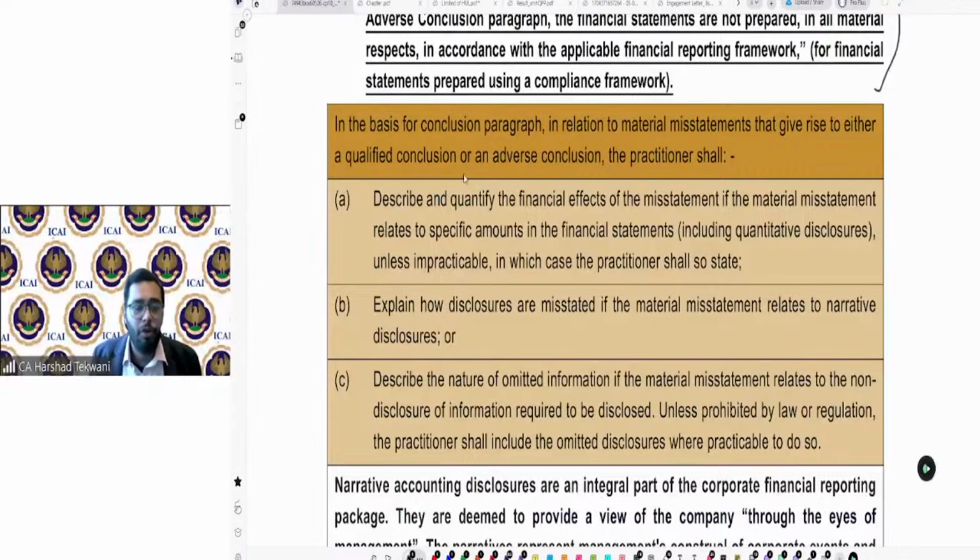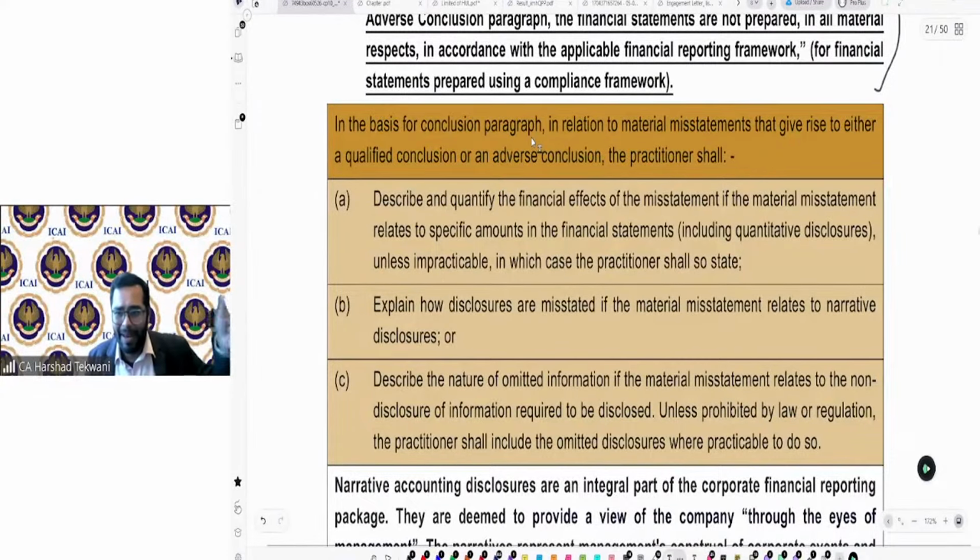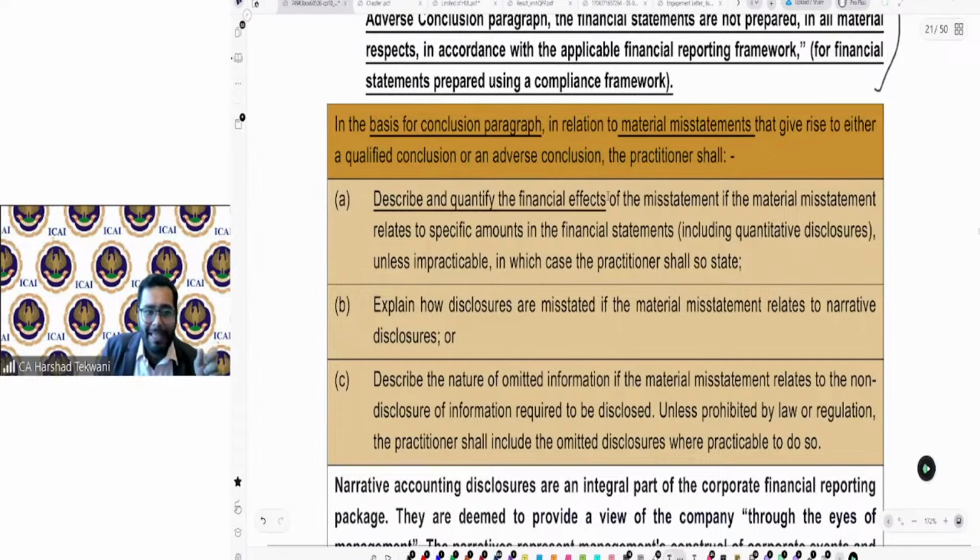And in the basis for conclusion paragraph, we need to provide these details. When they were saying paragraph 3, paragraph 4, we need to provide these details with respect to the material misstatement. That is, describe and quantify the effects on the financial statement of the misstatement.